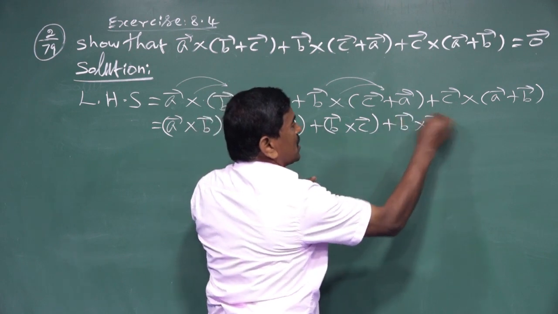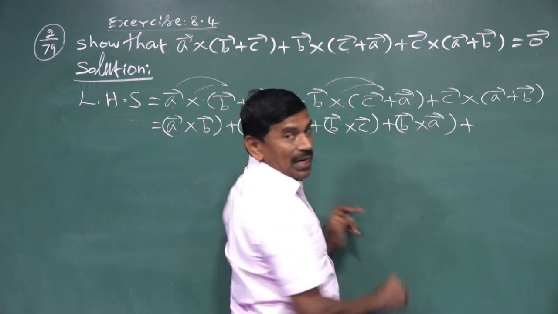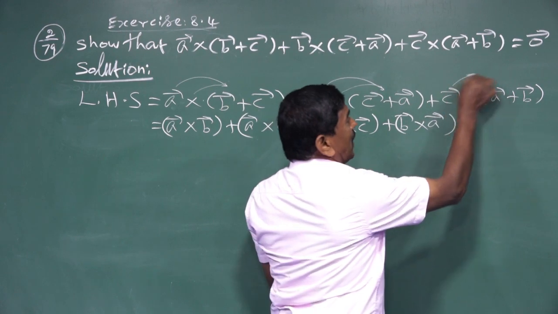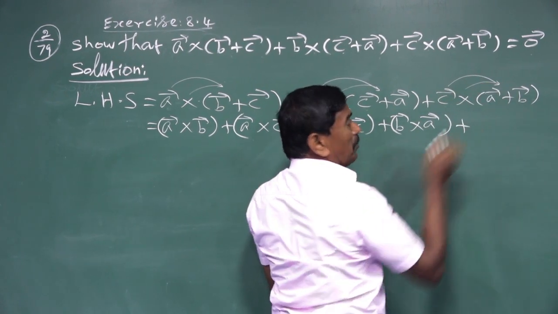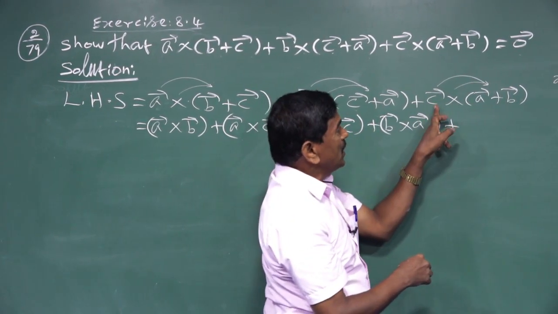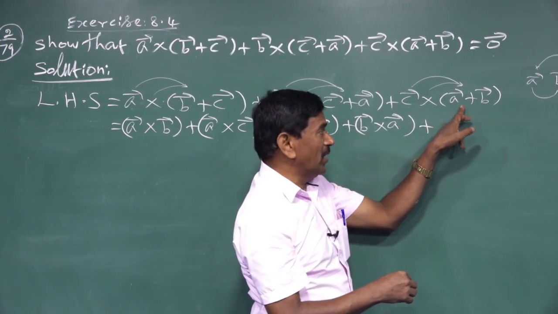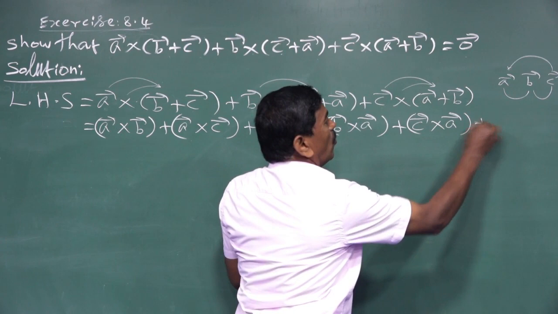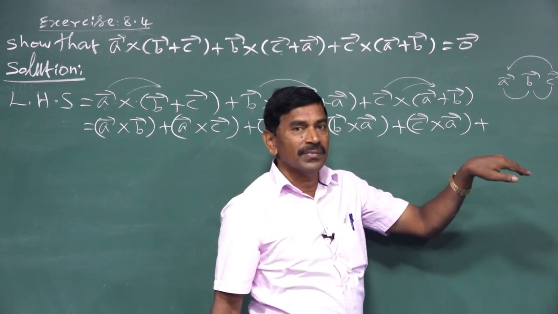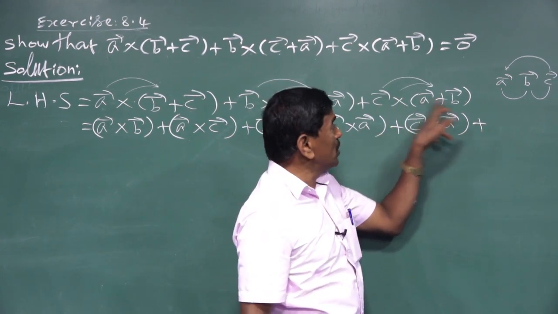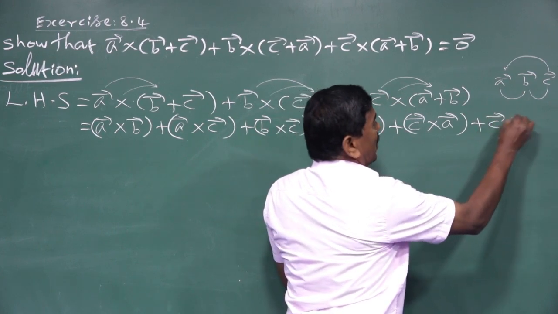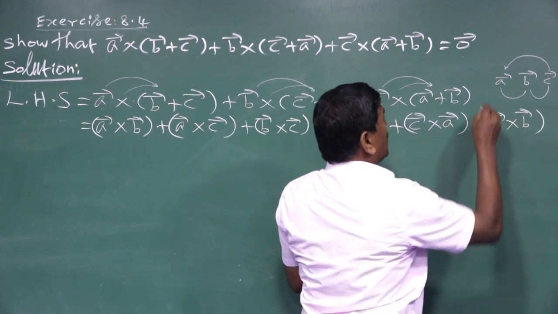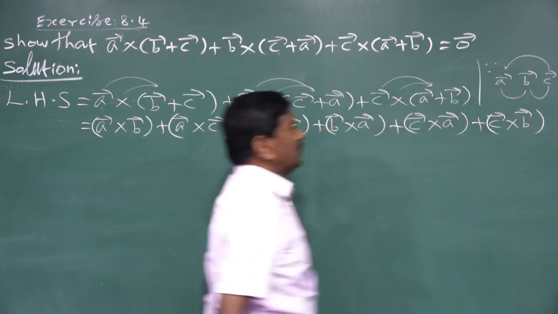Similarly, C vector and the cross product going to multiply inside. We get C vector cross A vector. Good. Can you tell me next step? Yes, very good. C vector cross B vector. Okay, complete the bracket.